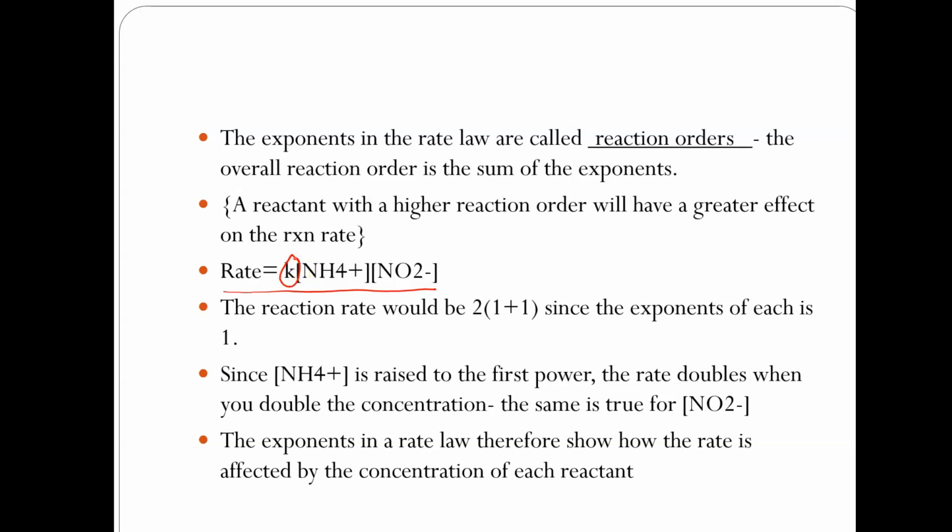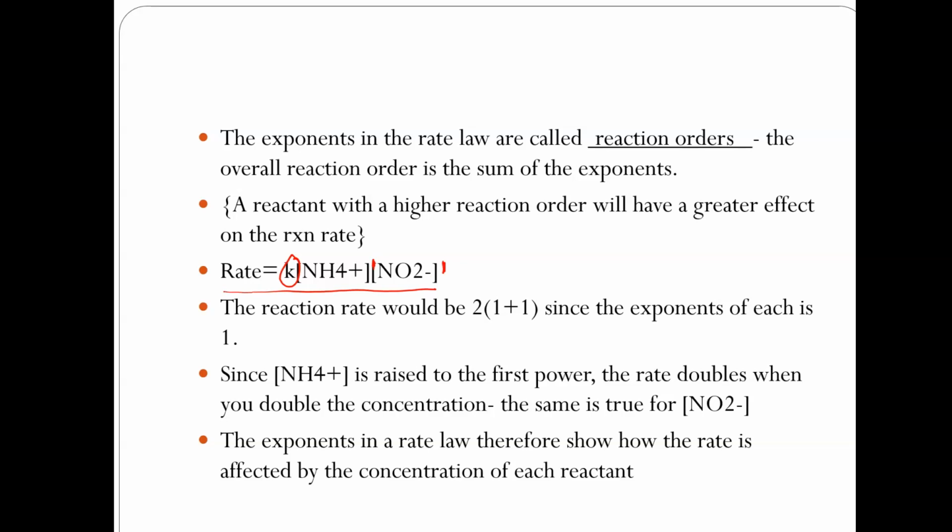Okay, so in this case, if we look at this reaction rate, notice the K is a constant, it really is insignificant in this case, then this has a 1 exponent and this has a 1 exponent. In order to figure out the reaction order, we have to add the exponents together. So in this formula, the reaction order would be 2 because I have a 1 on the NH4 and a 1 on the NO2.